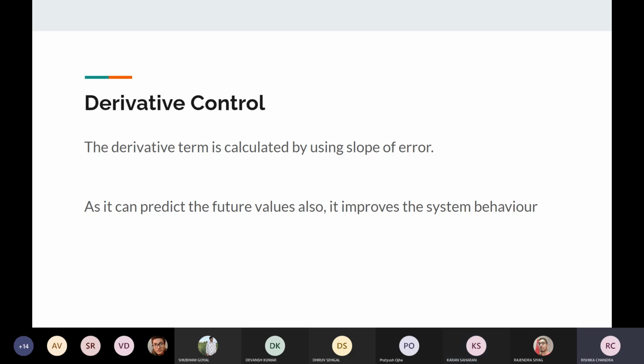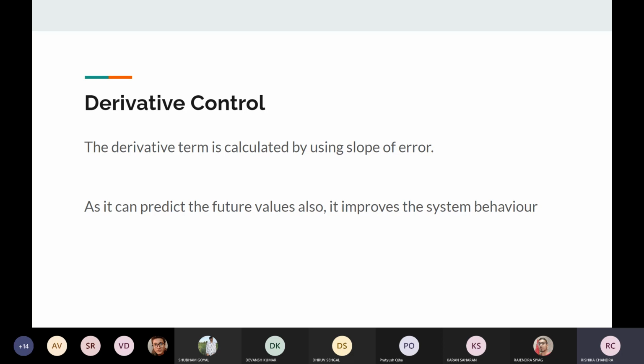One more thing, there's one drawback of this derivative control. If some noise enters the system, by noise I mean some unwanted signal, suppose you are giving a unit step signal as an input, and some other signal is also entering the system that you don't want, that is called noise.